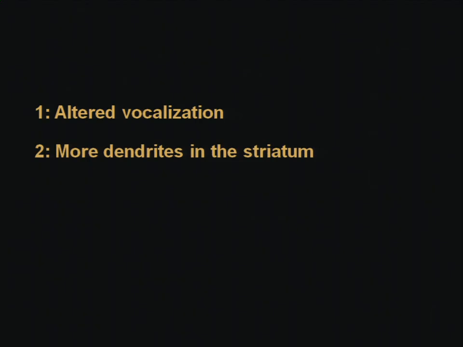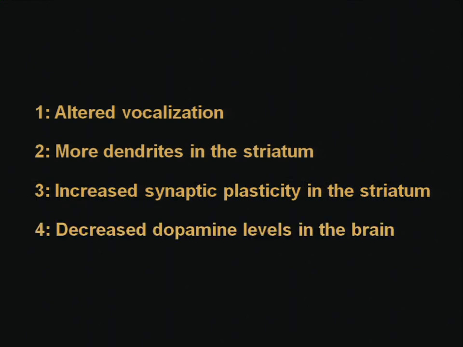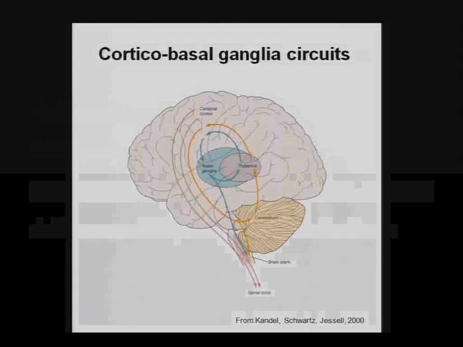What we know now from this model is we have longer dendrites in the striatum, increased synaptic plasticity in the striatum, and what I haven't told you is we have decreased dopamine levels in the brain. So you can begin to make hypotheses now what this might be about.